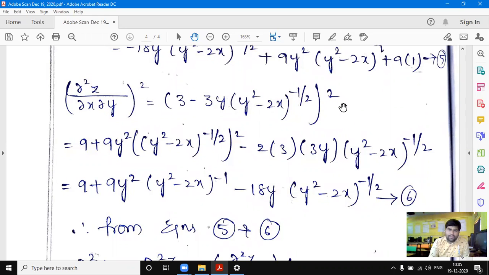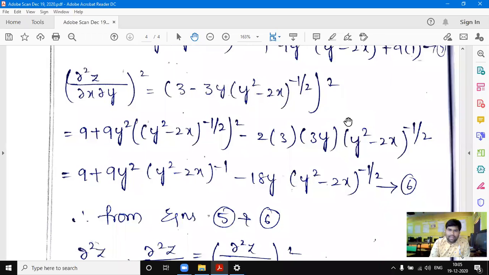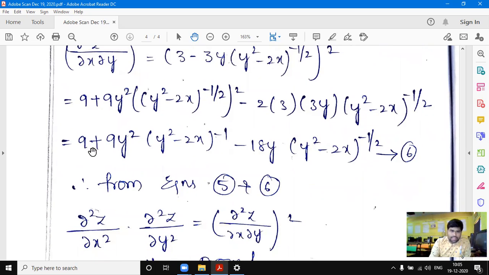The (A − B)² formula is A² + B² − 2AB. A² means 3², that is 9, plus B² means this total term squared: 3 squared is 9, y squared becomes y², so 9y², and (y² − 2x)^(−1/2) squared, minus 2AB. 2A is 3, B is this term, that is 3y into (y² − 2x)^(−1/2). So that is 9 plus 9y².